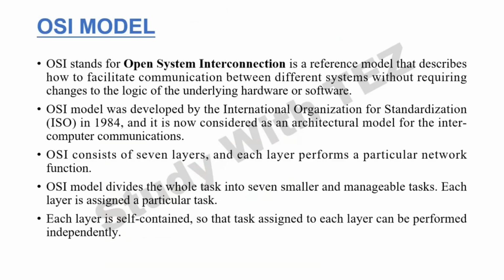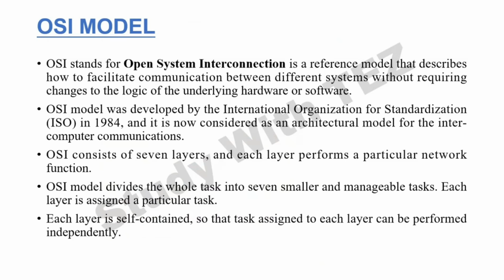Coming to OSI, it stands for Open System Interconnection. Basically, this is a reference model that describes how to facilitate communication between different systems without requiring any changes to the logic of the underlying hardware or software.